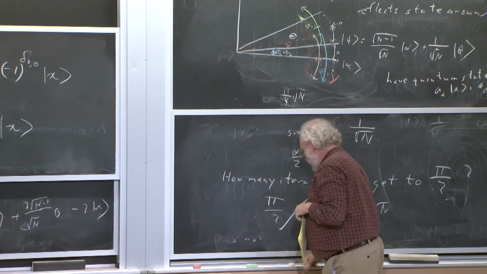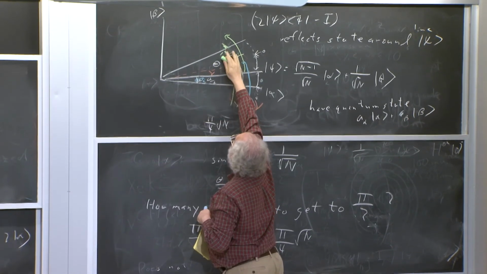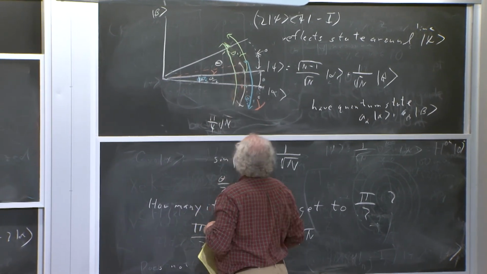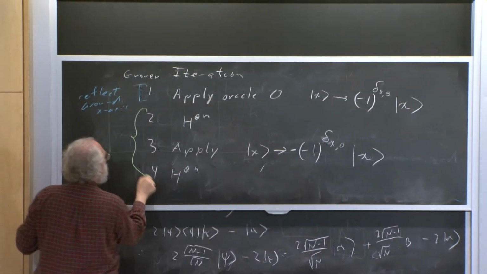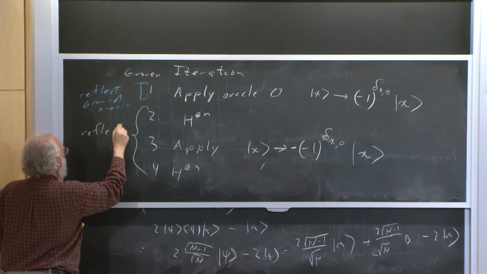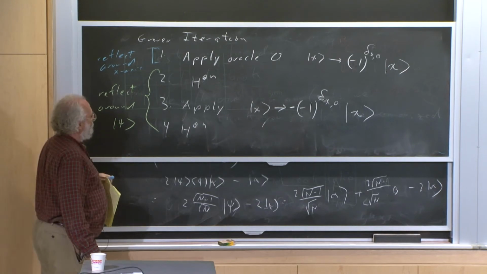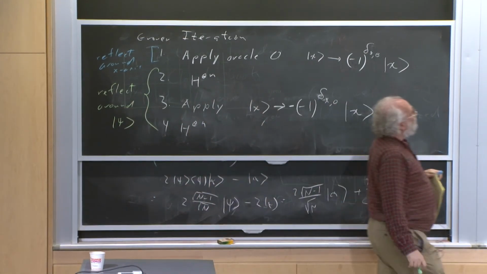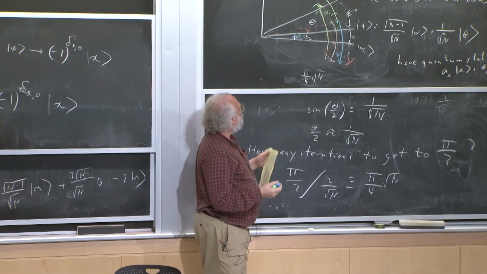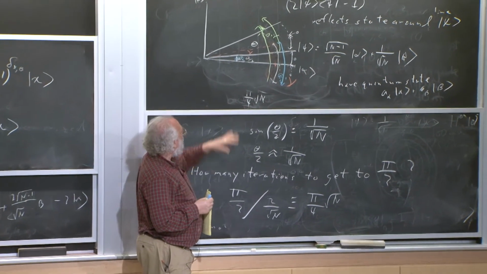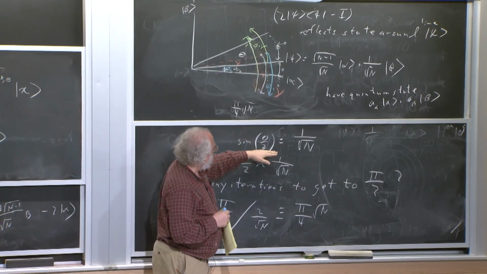And then the next step, reflect it around psi, and that takes it and moves it up there. So that's one Grover step, and it changes the angle by theta.